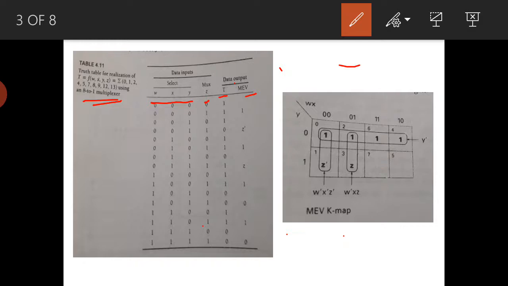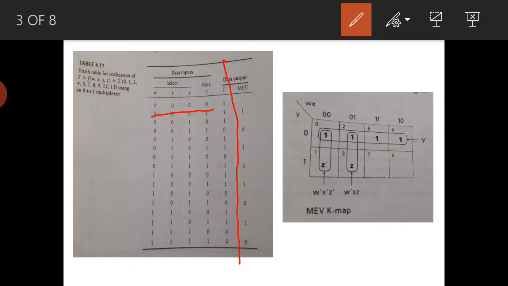If it is 0 0 0, what is the output? 0 is in the minterms, so 1 should come. For 1 also 1 is there, for 2 also 1 is there, 3 is not there, so 0. Again 4, 5 ones are there, 6 is not there, 7 is 1, 8 is there, 9 is there, 10 and 11 are not there, and again 12 and 13 are there. This is the expected output if we consider 4 variables and the truth table output directly.